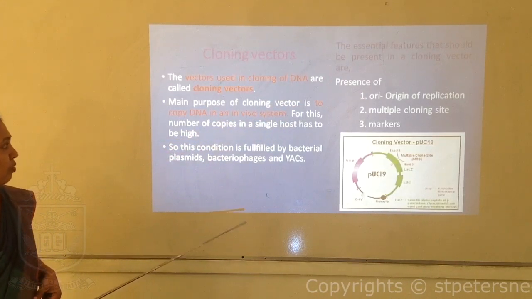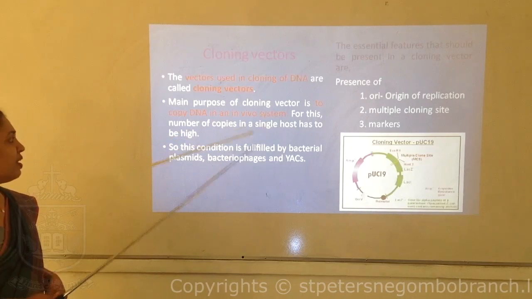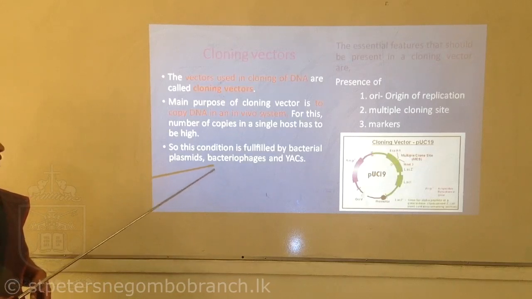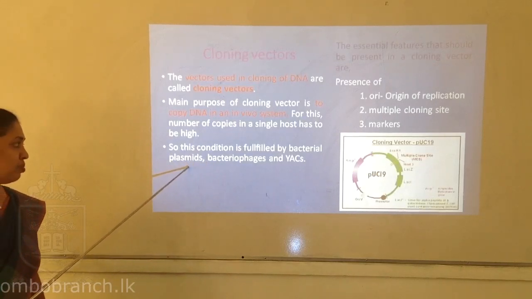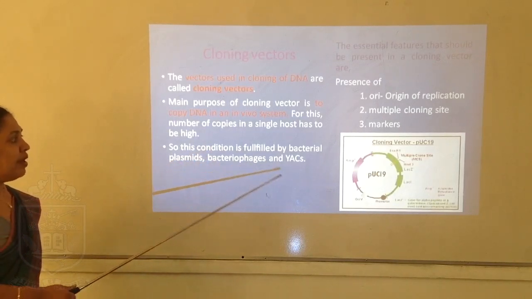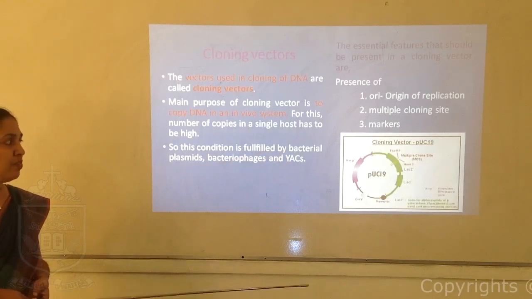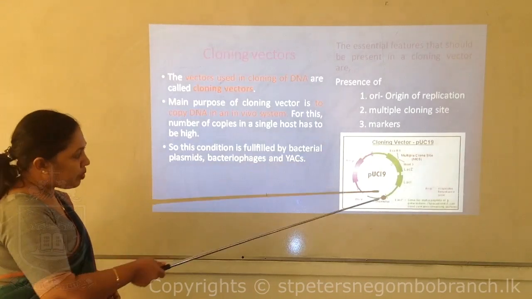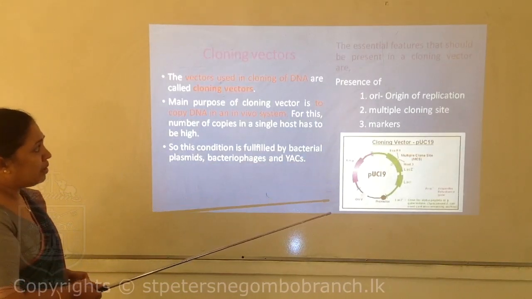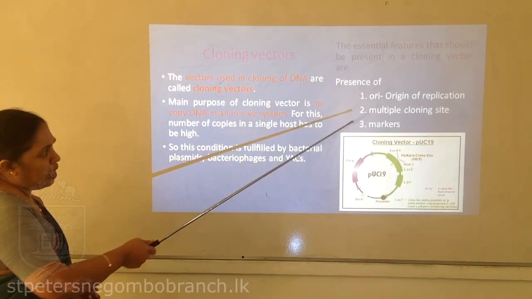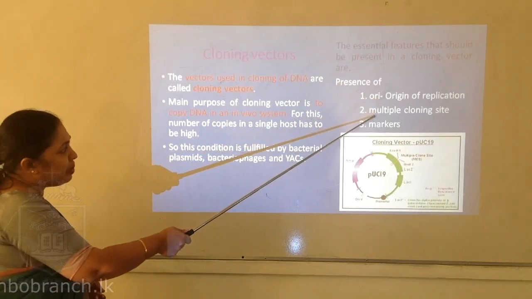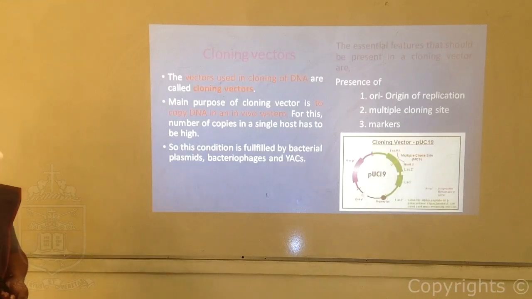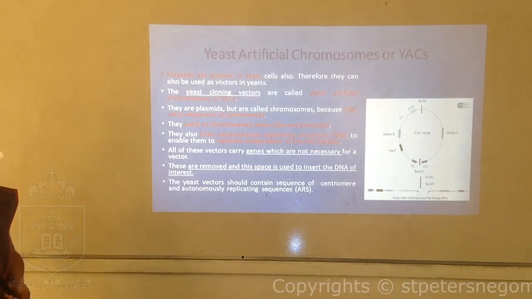So for this, the number of copies in a single host has to be very high, and this condition is also fulfilled by bacteria, bacterial plasmids, bacteriophages, and there are some yeast artificial chromosomes or YACs. This is a normal common cloning vector, and a cloning vector also should have an origin of replication, multiple cloning sites and markers. Otherwise, a vector cannot be used in DNA cloning.